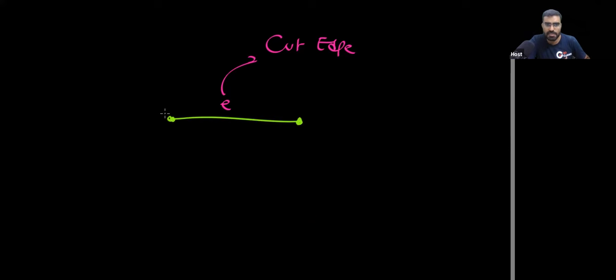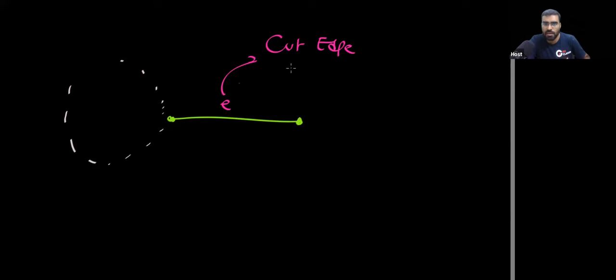Let's assume something is here. If I start here, I cannot come back. In this situation also, there will be no Hamiltonian cycle.